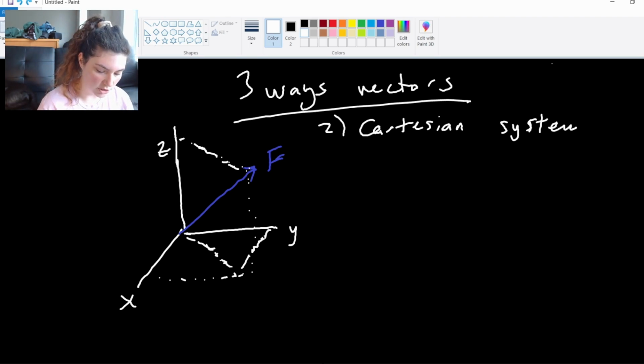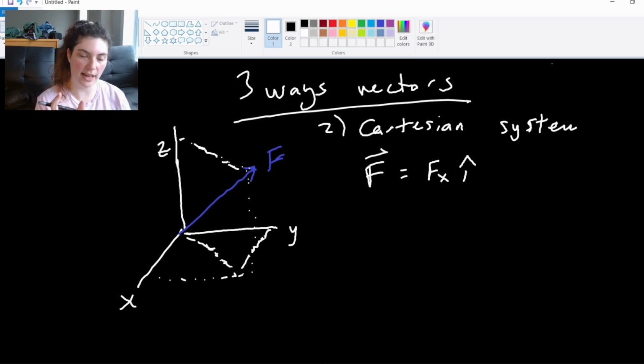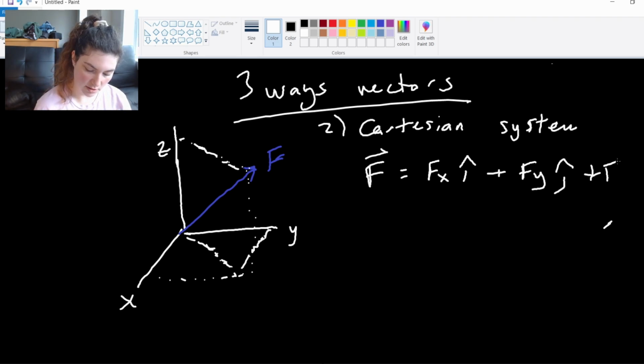So the Cartesian notation is this force vector is the magnitude of F in the x direction times i hat. i is the unit x direction vector, plus the magnitude of force in the y direction times j hat. j hat is the unit vector in the y direction, plus F of z k hat, where k is the unit vector in the z direction.